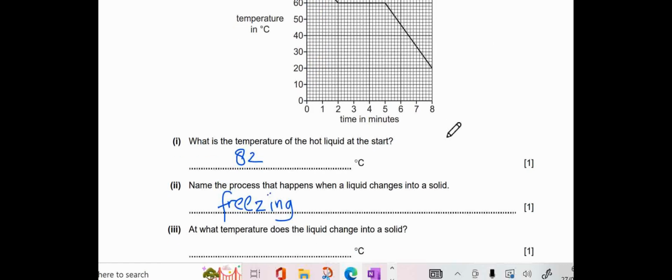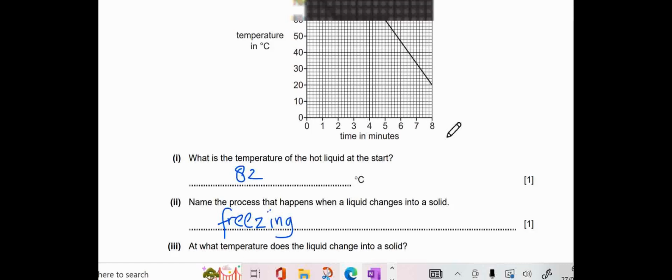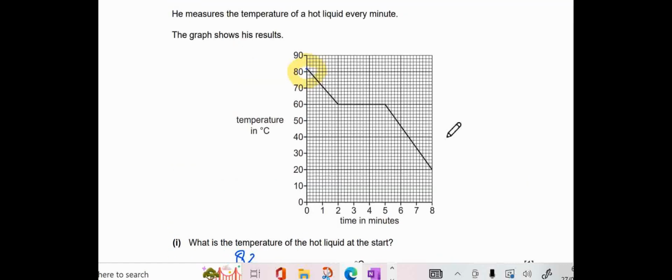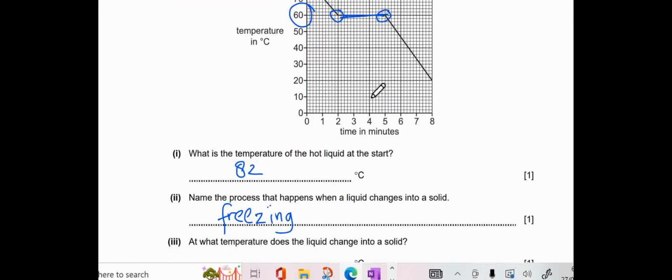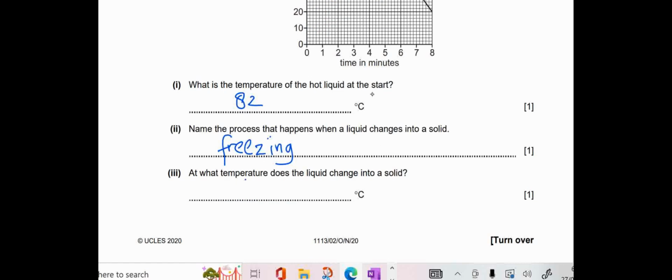At what temperature does the liquid change into solid? So we see from here, this is from the liquid state, and then this is the flat line, so it should refer to 60. So in this part the liquid changes into solid. That's why the temperature is horizontal, constant. So we answer 60 degrees.